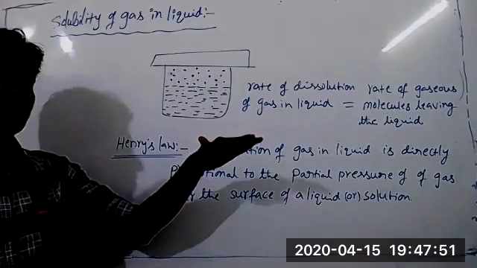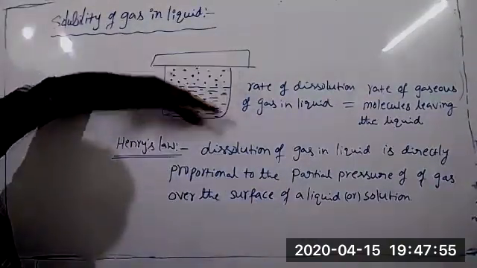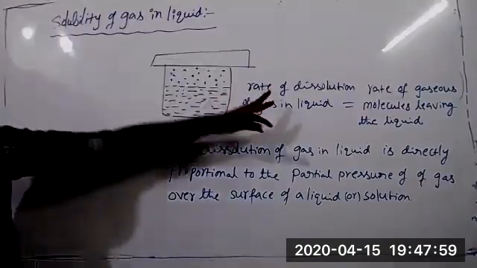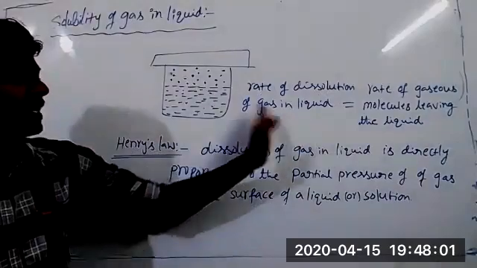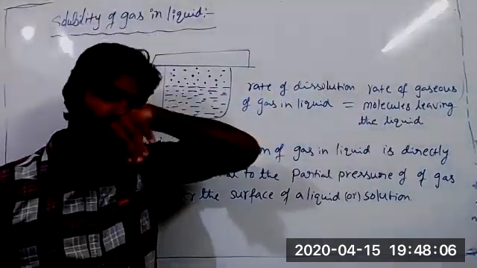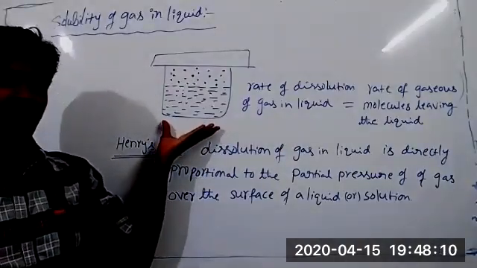After some time, there exists an equilibrium between the dissolved gas and the undissolved gas over the surface of the liquid. Here, the rate of dissolution of gas in liquid becomes equal to the rate of gaseous molecules leaving the liquid. So here also one dynamic equilibrium exists.